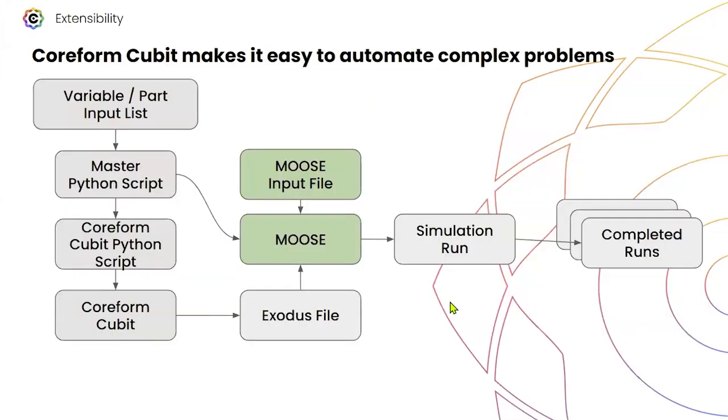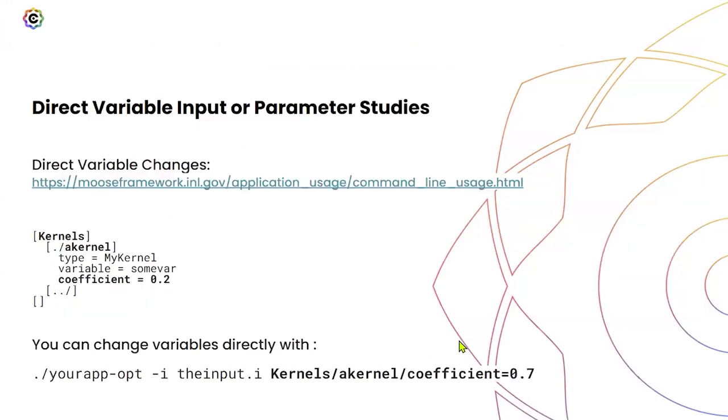Next is looking at the MOOSE input file and how this script interacts with MOOSE itself. So for engineers that are just getting into this, MOOSE has this command line usage where you can inject changes in variables without modifying the input file itself.